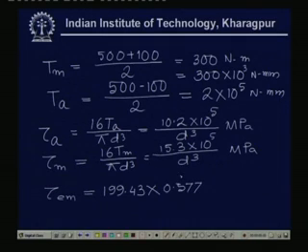So, this load factor, as you know, it is 0.577, and so this comes out to be something like 115.1 megapascal. See how a drastic change in the values due to so many factors that is coming into picture due to the design in the fatigue mode.